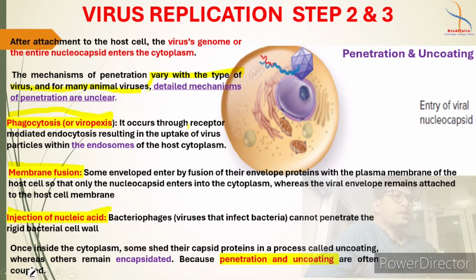Coming to the first process, phagocytosis. It occurs through receptor-mediated endocytosis, resulting in the uptake of virus particles within endosomes. If you have learned the endocytic pathway in cell biology, you will remember that when a particle enters the cell through phagocytosis, a vesicle forms around it, and that is called an endosome. The pH is very low.